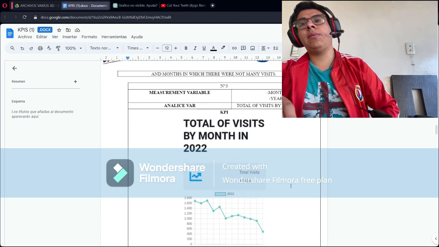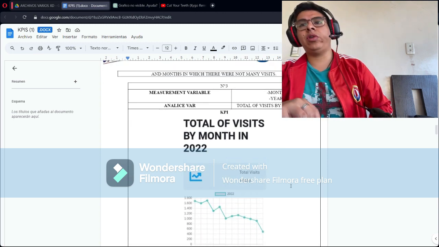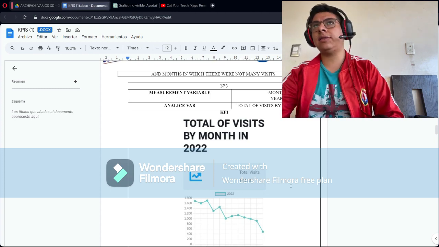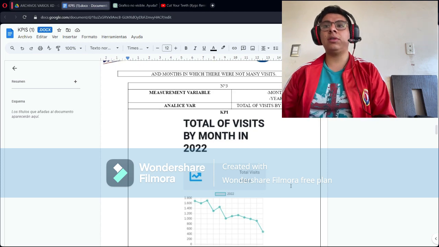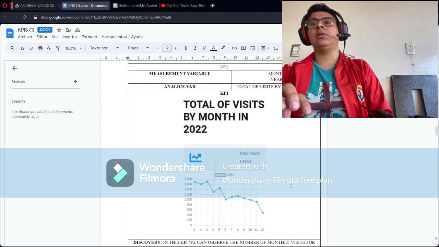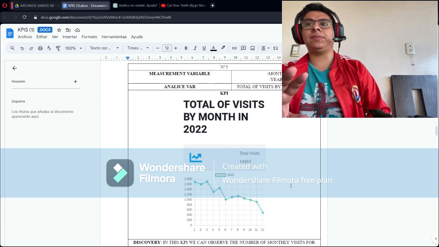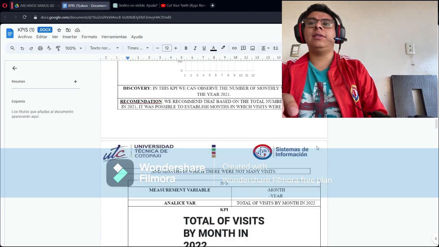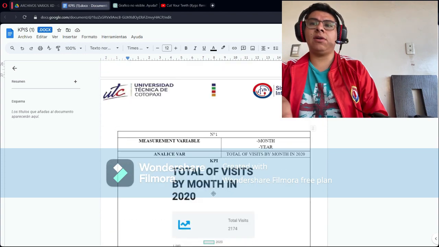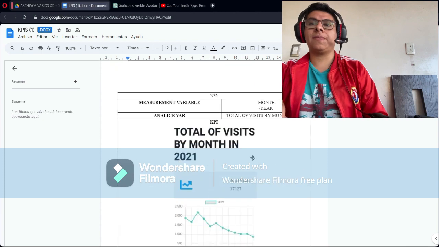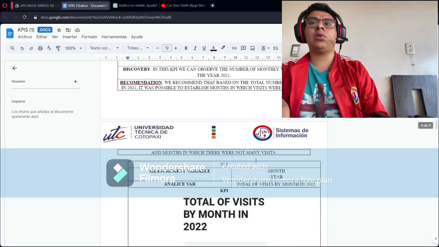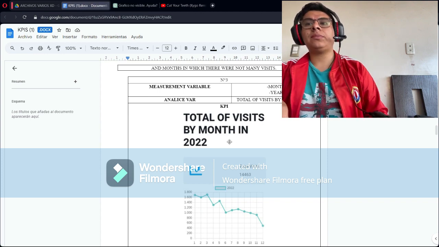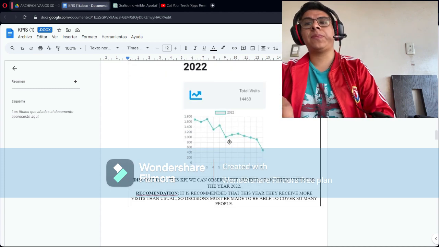I'm going to talk about number three KPA. Measurement variable, it's like the fields have month and year, because the difference of these KPIs is that the first is of year 2020, the second is year 2021, and this KPI is 2022.